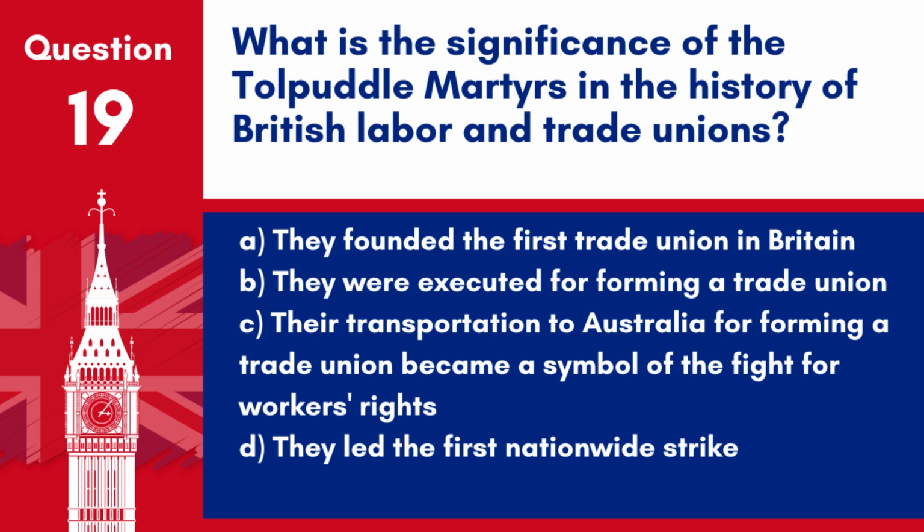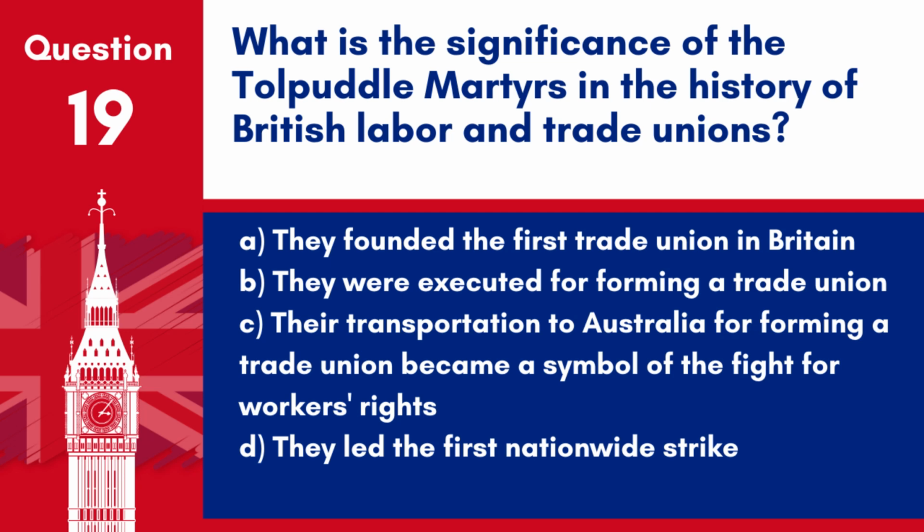Question 19. What is the significance of the Tolpuddle Martyrs in the history of British labour and trade unions? A. They founded the first trade union in Britain. B. They were executed for forming a trade union. C. Their transportation to Australia for forming a trade union became a symbol of the fight for workers' rights.